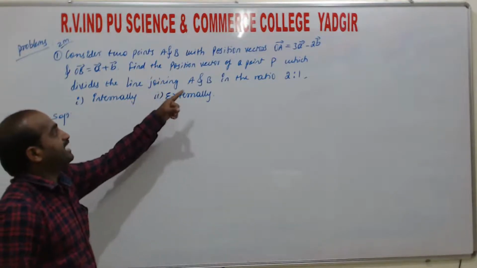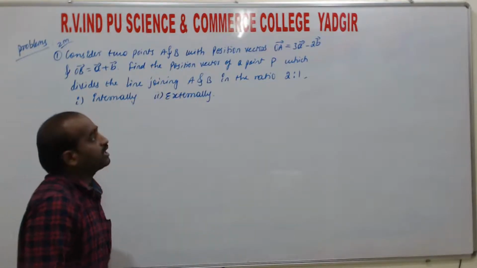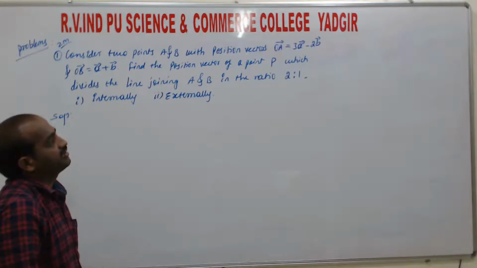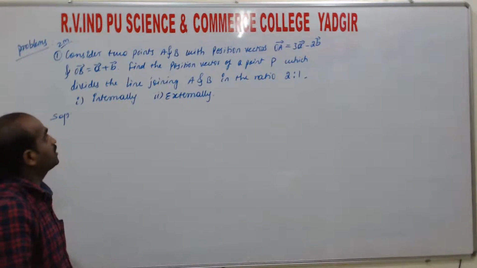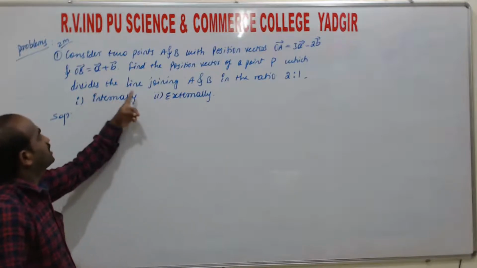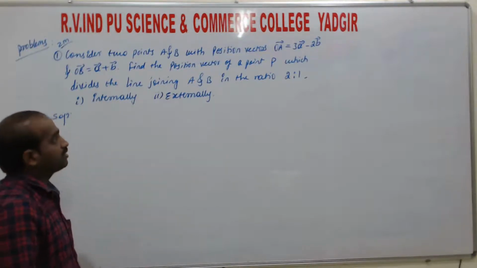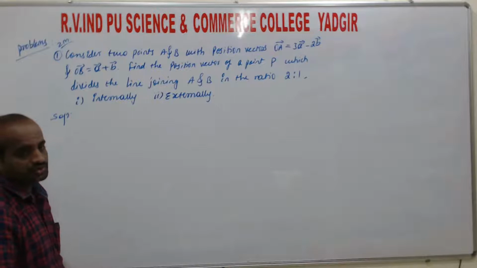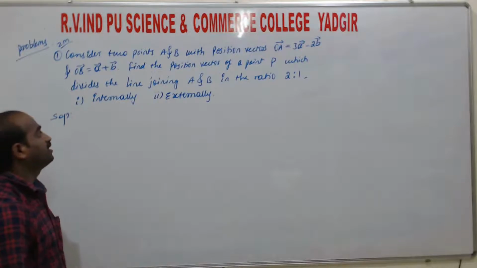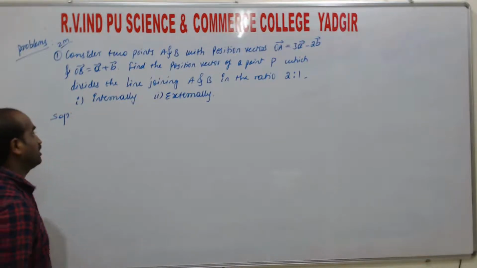Consider 2 points A and B with position vectors OA vector and OB vector as given. Find the position vector of the point P which divides the line joining A and B in the ratio 2:1. Separately we have to find internally and externally.